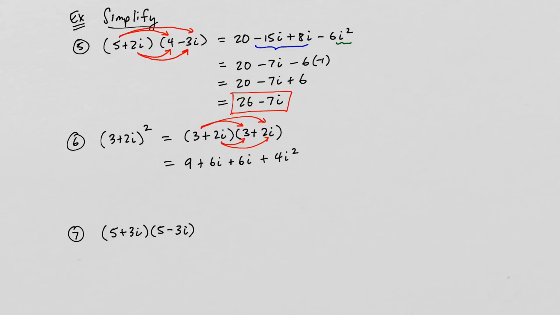And then simplify. 6i plus 6i is 12i, and 4 times i squared is 4 times negative 1 because i squared is negative 1. And this gives us 9 plus 12i minus 4, which simplifies to a final answer of 5 plus 12i.